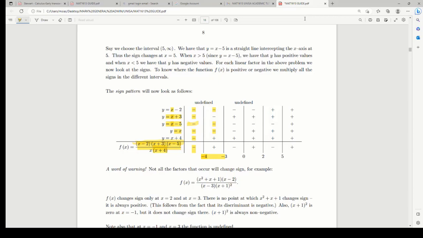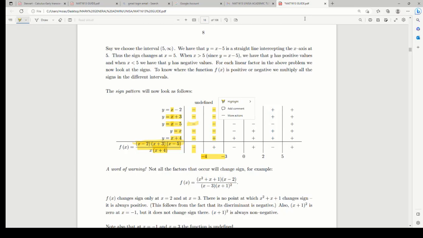If you put the sample point -3.5 in there, -3.5 plus 4 gives you a positive. And again, in the numerator, you have the product of three negative factors. Negative times negative times negative is a negative.